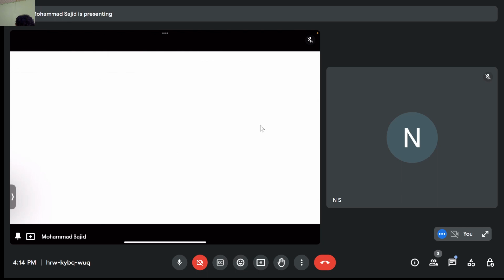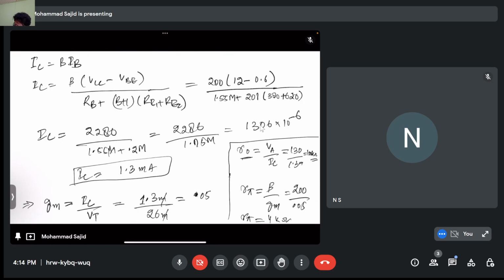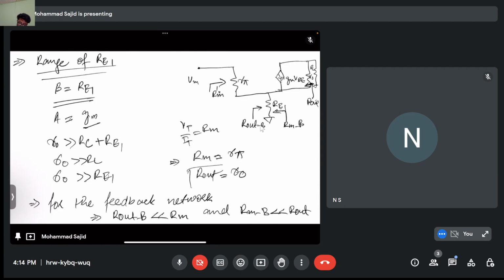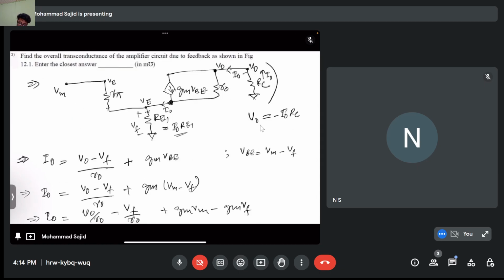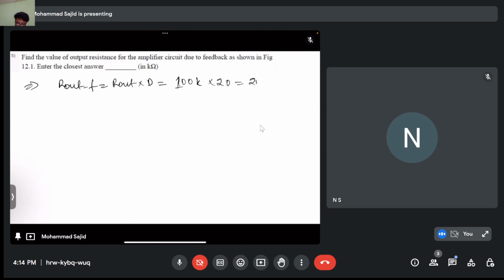I took the wrong value, I guess. Do we calculate R out? Yes, R out is 100K. R out is R naught. So this comes out to be 2 mega ohm.